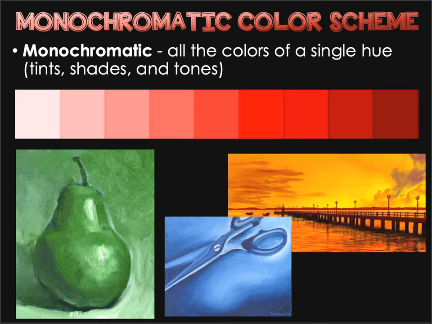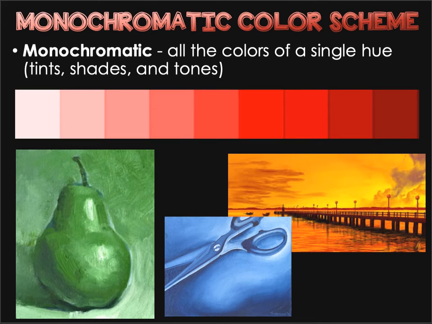Now, separate to that would be monochromatic. Mono meaning one. Chromatic meaning color. So that's just saying we're talking about all the colors of a single hue. Here we have as our example a value scale of red. We have tints, shades, and tones. Well, more like tints and shades of this value, ranging from the lightest color here on the left-hand side towards the darkest color.